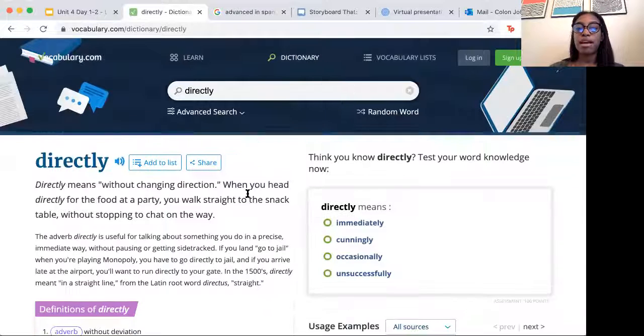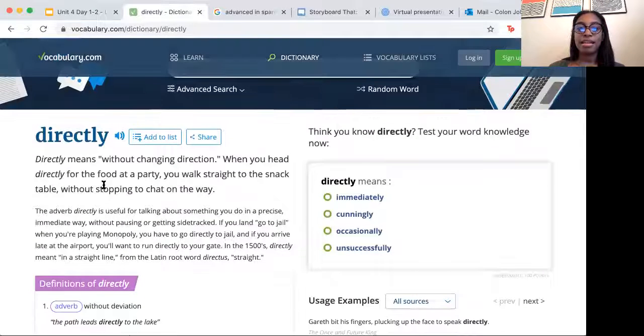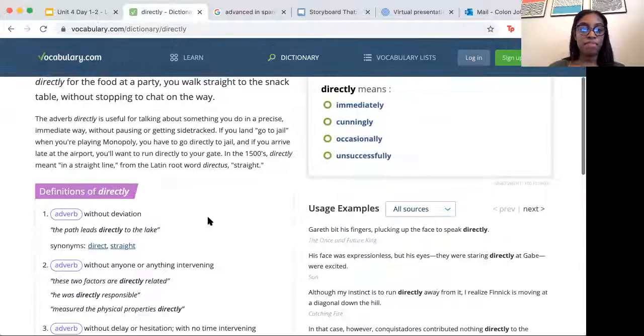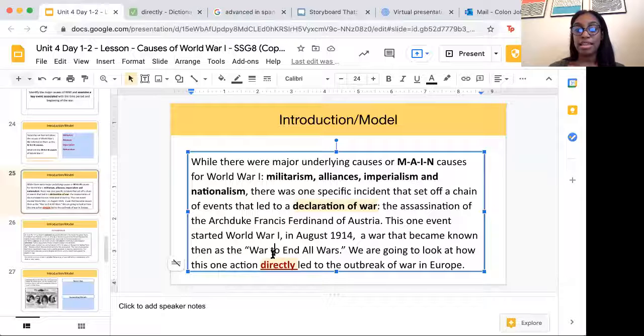If you know Spanish, directamente. Directly means without changing direction, without deviation. So it's going to happen without delay. This contributes instantly to World War I.